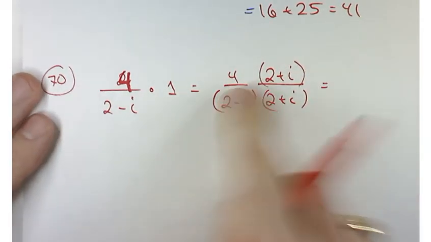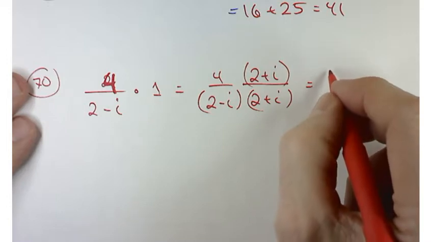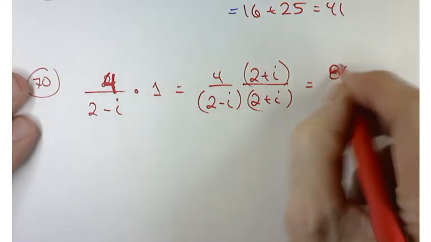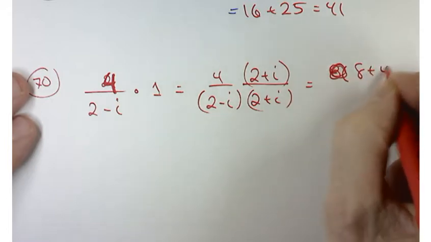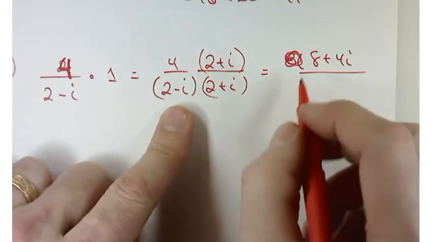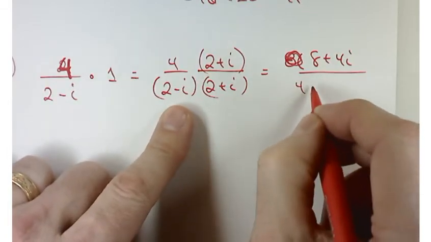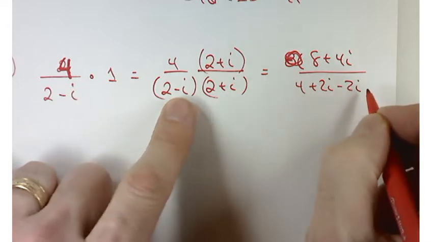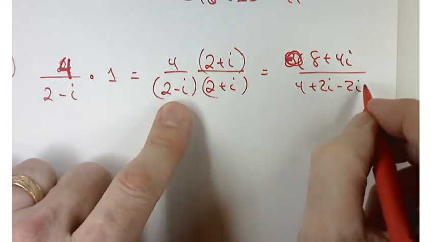Now, in the numerator, I'll distribute that 4, 8 plus 4i. In the denominator, I get to do a little fussing around. It's going to be 4 plus 2i minus 2i, and then what?